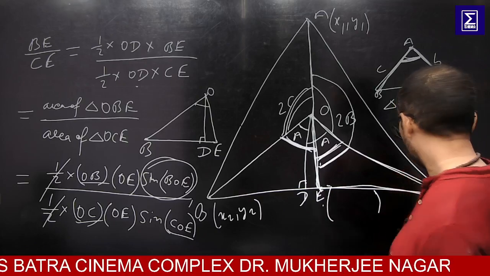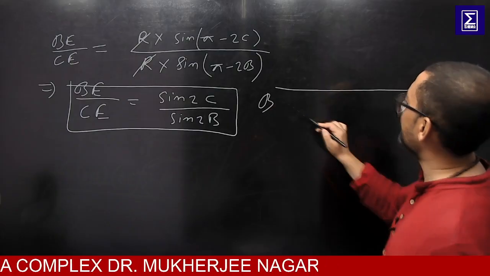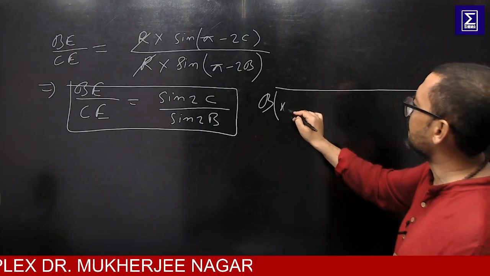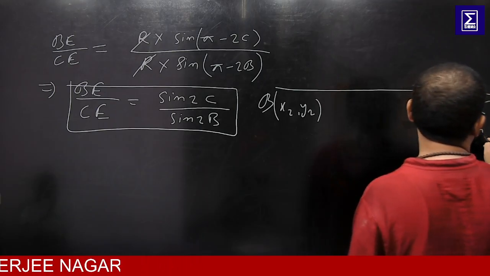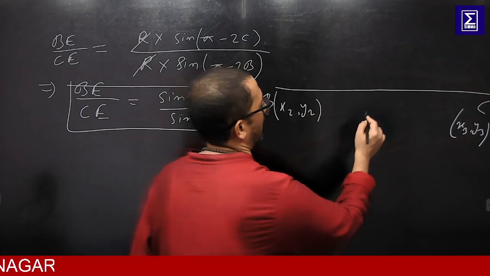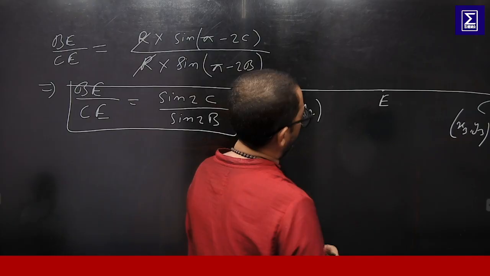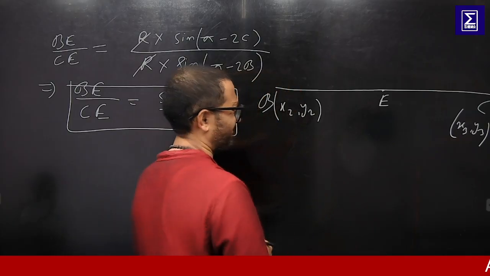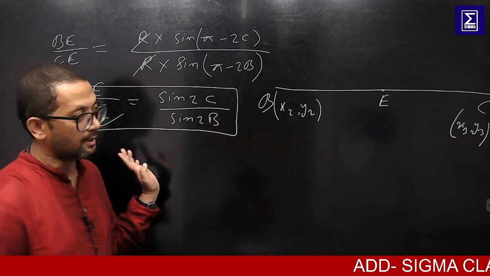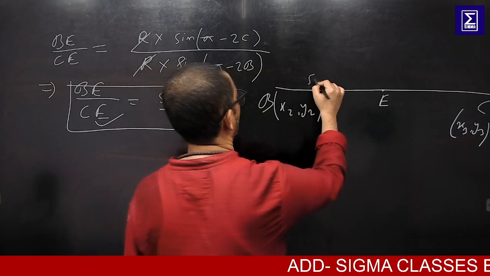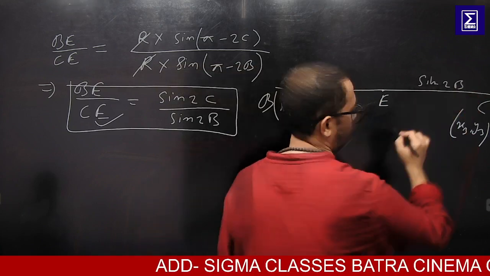So again drawing it here, this is B, this is C. The coordinate of B is x2, y2 and the coordinate of C is x3, y3. There is a point E here in such a way that BE upon CE is equal to sine 2C upon sine 2B. So it means that BE is sine 2C and CE is sine 2B. Yes or no?